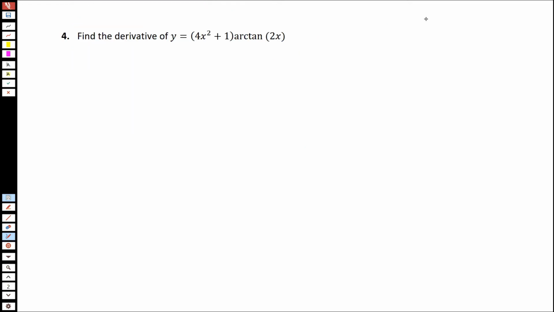The function that's given here is a product of two functions. Because it's a product of two functions, to find its derivative we need to apply the product rule.